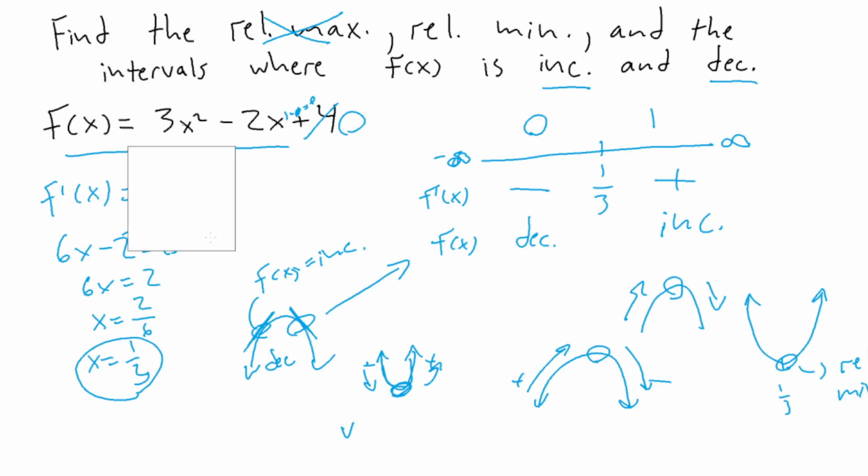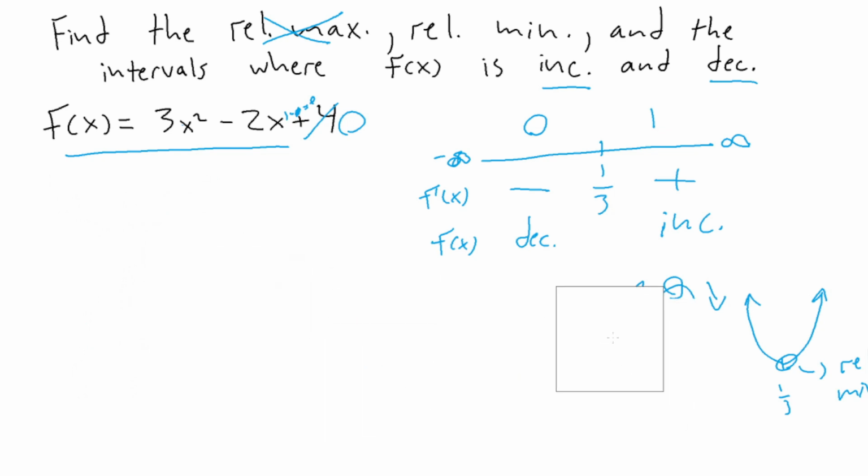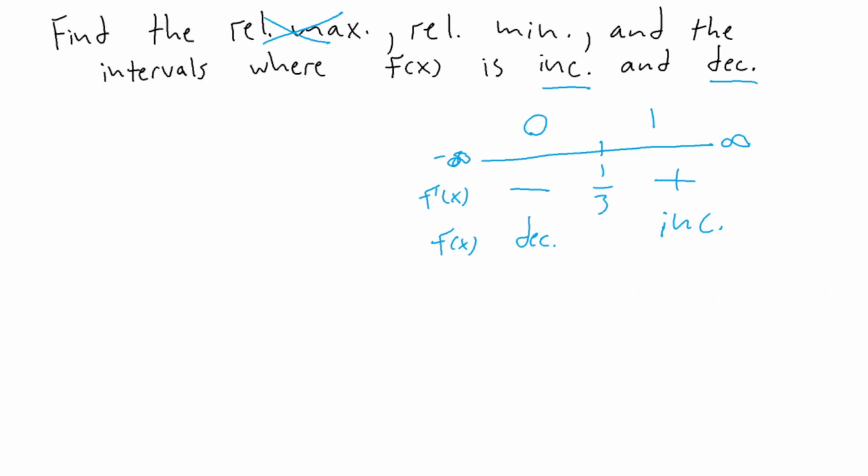So now, let's erase this work and keep our sign chart. So now we could write statements because we have all of our information. Our first statement, let's start with relative minimum. So we would write f of x, our function, has a relative minimum, and abbreviations like this are accepted on the AP test. So you can write relative minimum.